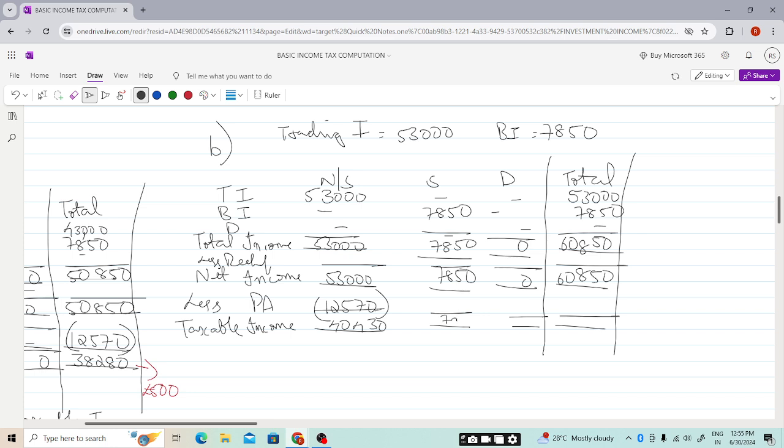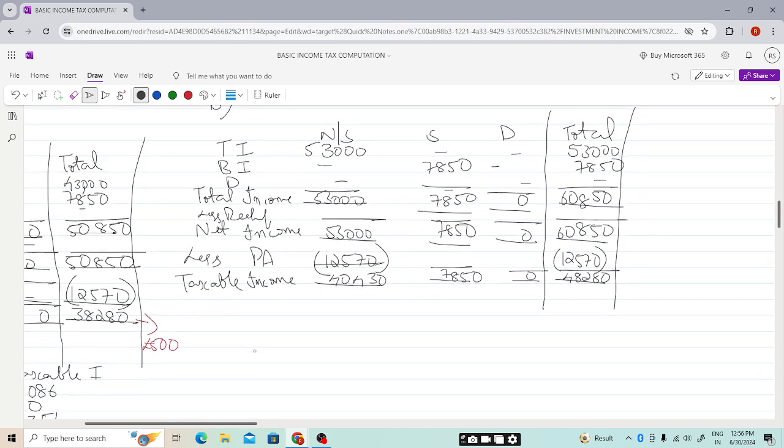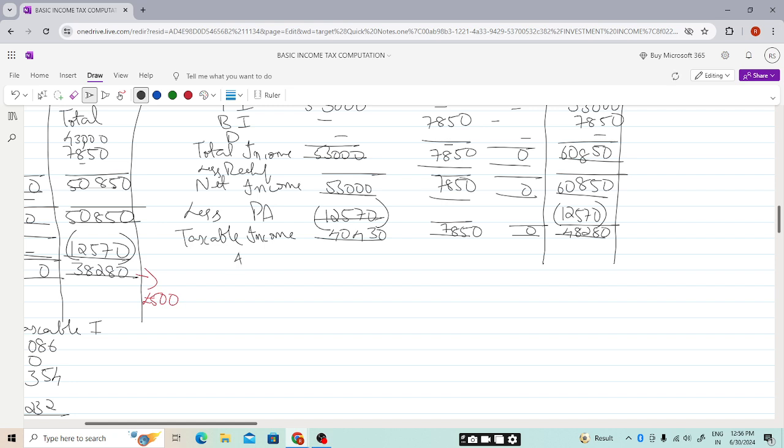Then the saving income will be the same amount, 7,850. The total taxable income will be 48,280. So now we need to calculate the income tax liability.